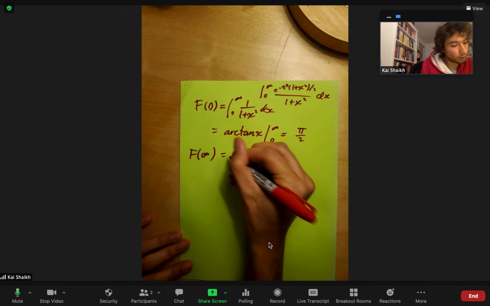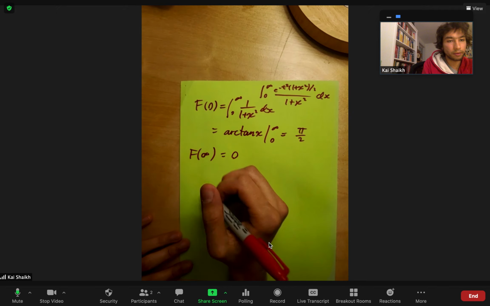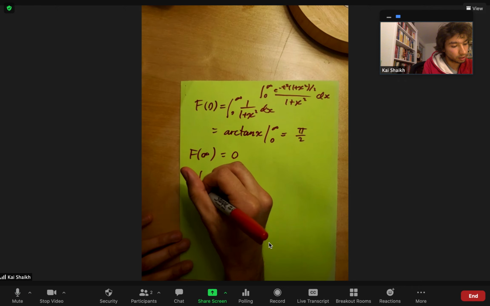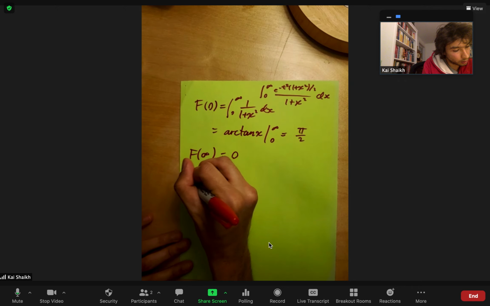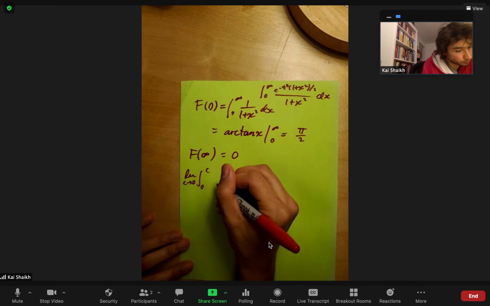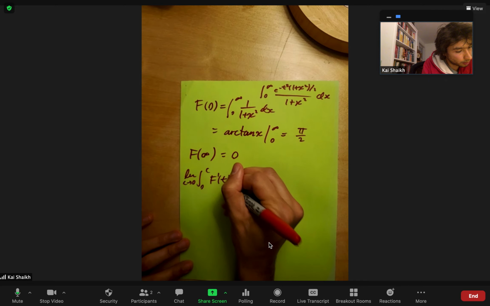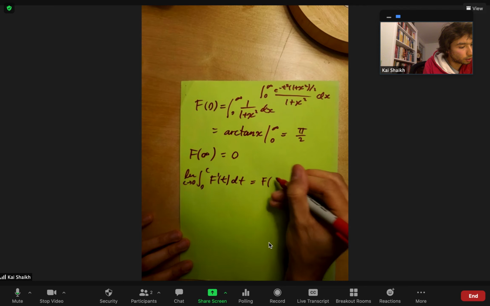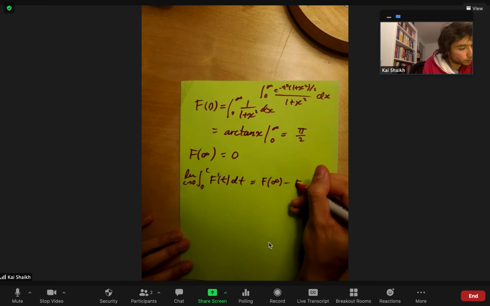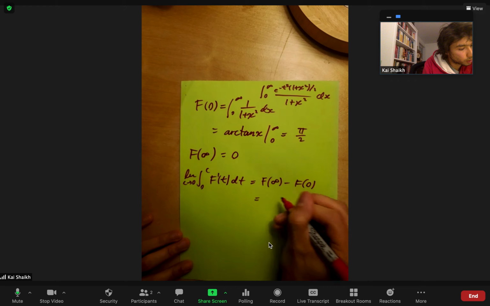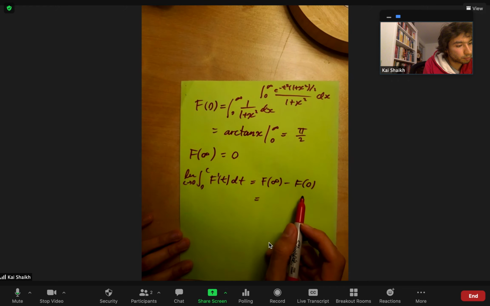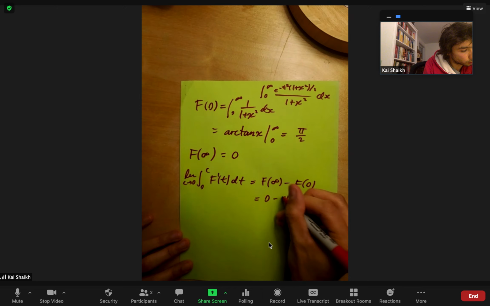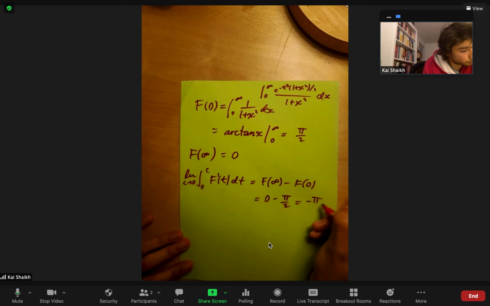So f of infinity is 0. The fundamental theorem of calculus tells us that in the limit as c goes to infinity, the integral is just f of infinity minus f of 0, which is 0 minus pi over 2, or negative pi over 2.